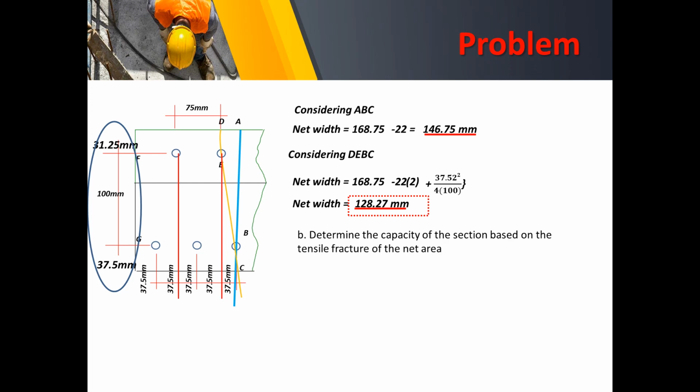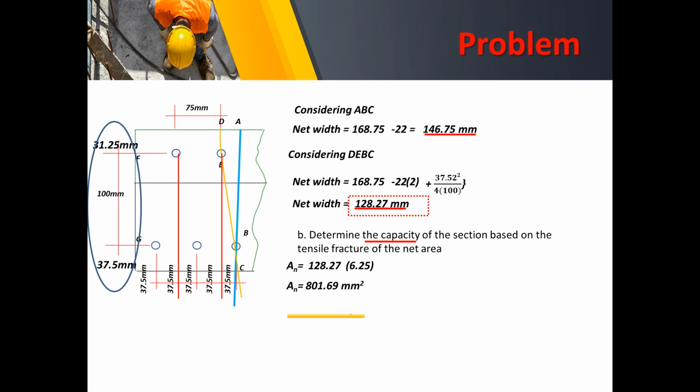So letter B, the capacity of the section based on the tensile fracture of the net area. When we say capacity again, we refer to the ASD method. So An is equal to 128.27, the least among the net widths, multiplied by the thickness 6.25 millimeters. That would yield 801.69 square millimeters.